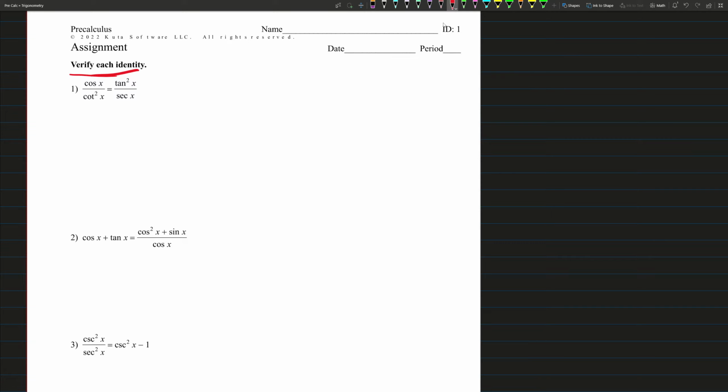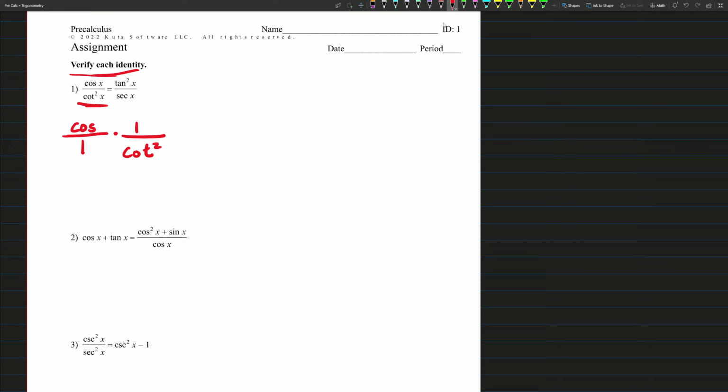So number one, I'm going to take this left-hand side. I'm going to decompose this fraction into cosine over 1 times 1 over cotangent squared. And then I can just use those identities to replace cosine and cotangent.